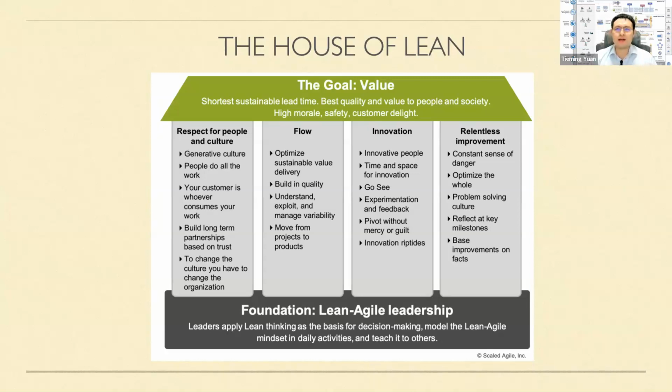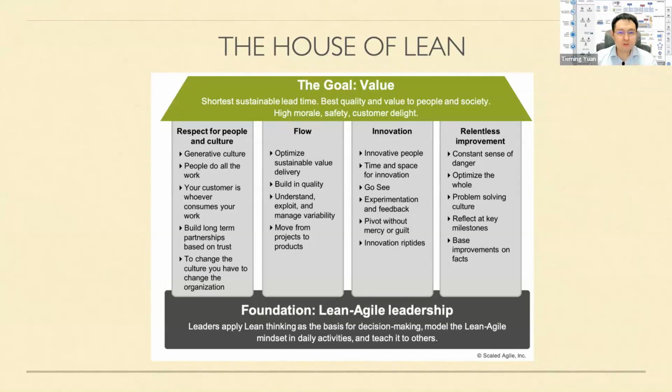Improving in any situation and solving problems. And the three pillars, flow, innovation, and relentless improvement, all depend on one thing: the door, which is respect for people and culture. When people don't feel safe, when you punish people for failures, when you don't respect other people and their culture in your team, there's no psychological safety.